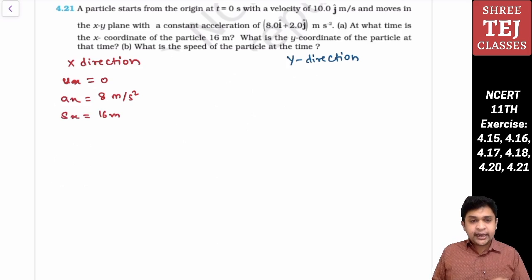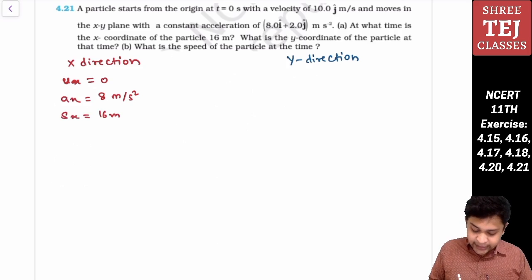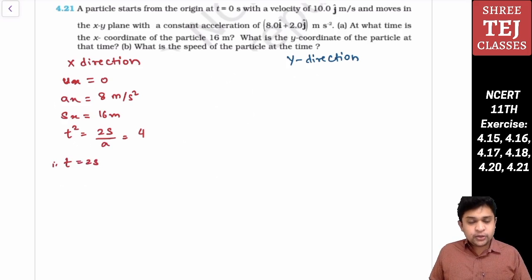So we will use second equation of motion. From that we will get t square is equal to 2s by a. So it will be 4. Therefore time will be 2 seconds.